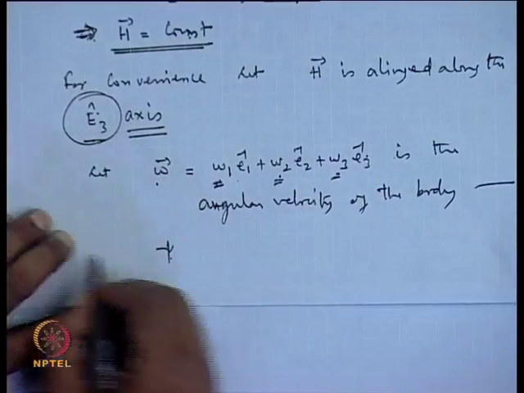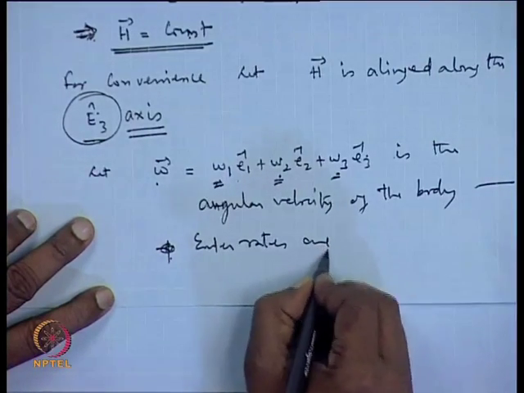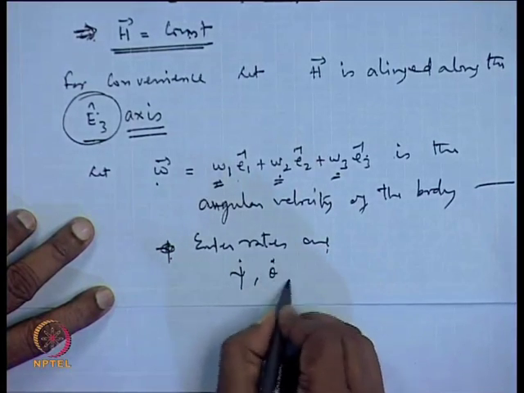And Euler rates are psi dot, theta dot, phi dot.